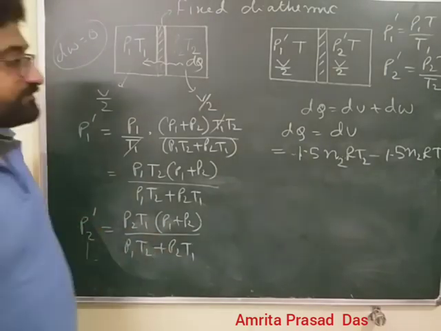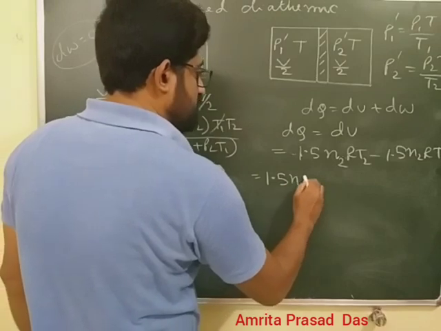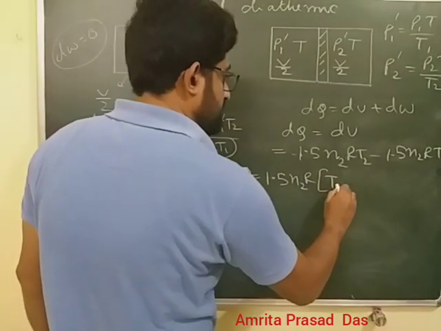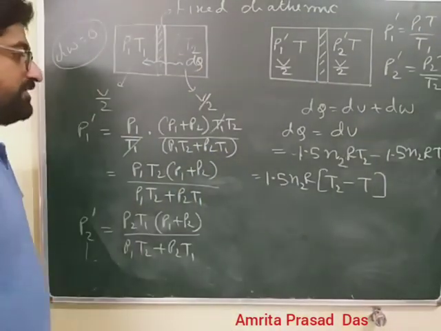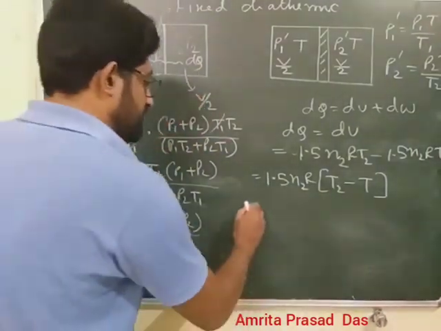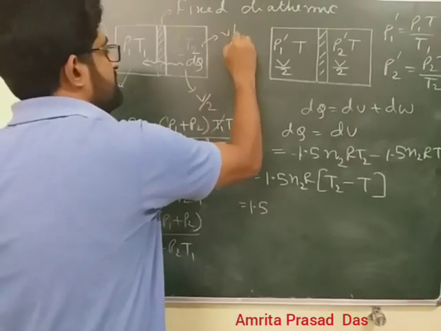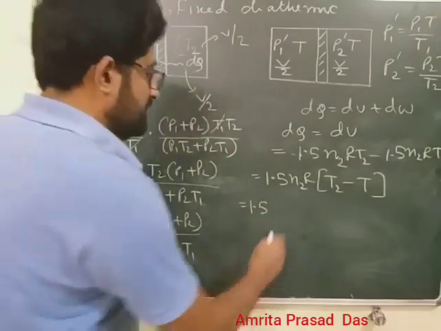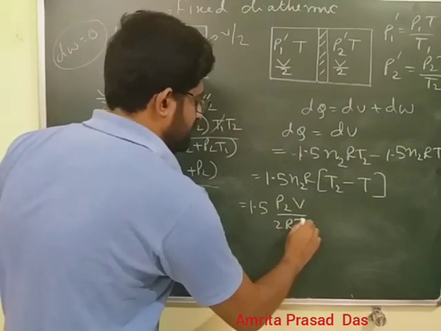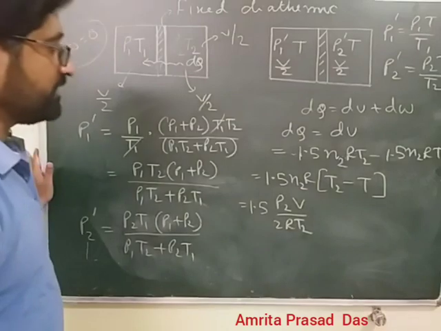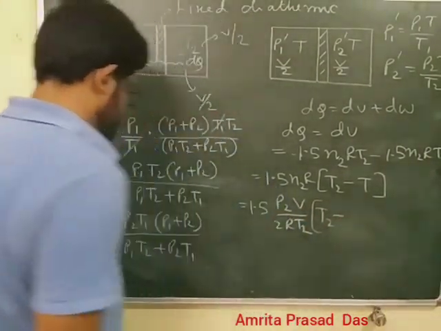Now 1.5 N2 R (T2 minus T). You can always put the value of N2, that is 1.5. N2 is, this volume is V by 2. I have written this already. P2 V by 2 R T2, into (T2 minus T).